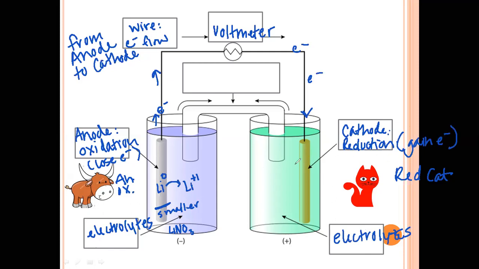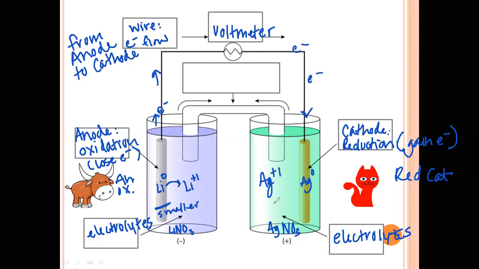Okay, so we're going to say that this is Ag metal, silver metal. Looks more like copper, but that's okay. And there's going to be Ag positives in the bottom of the solution because I'm adding the electrolyte AgNO3. And when AgNO3 is dissolved in water, it dissociates into the ions.